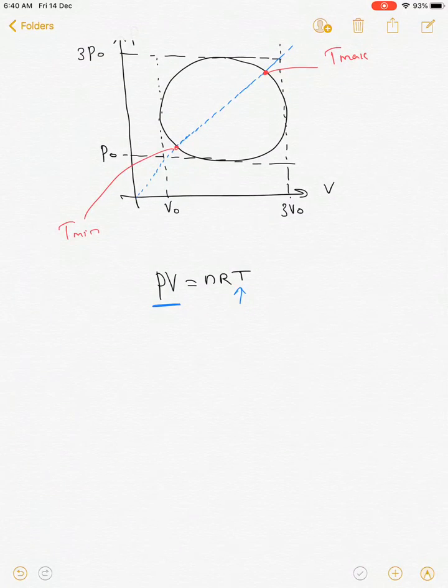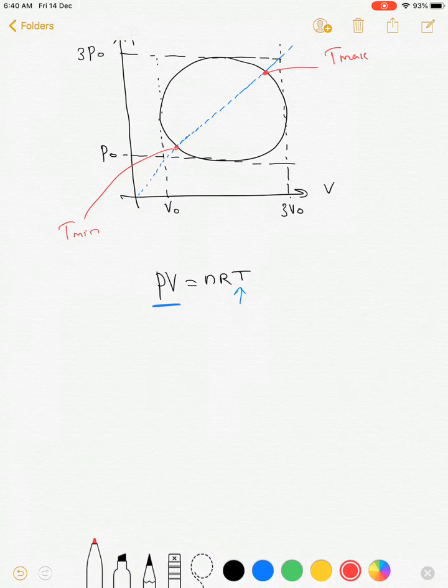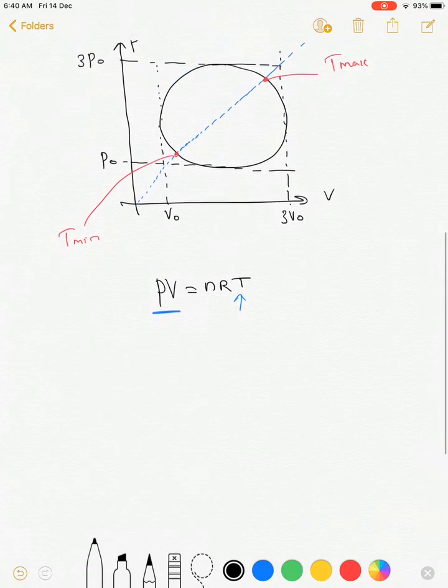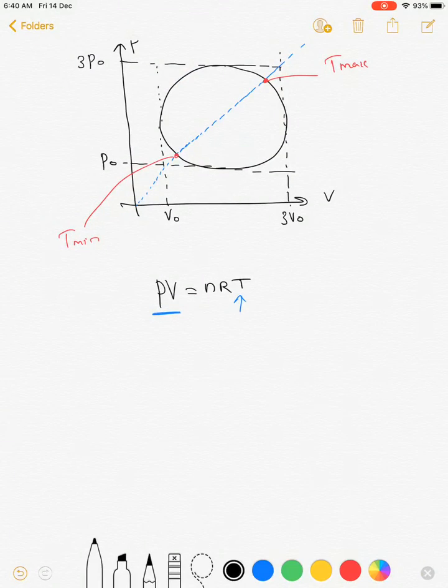So our aim is to find out the value of T max divided by T minimum. Now we know that the value of T is equal to PV divided by nR. So at this particular point we can find out the value of pressure. The center of this circle is at the coordinate 2V naught, and the radius of the circle is V naught.